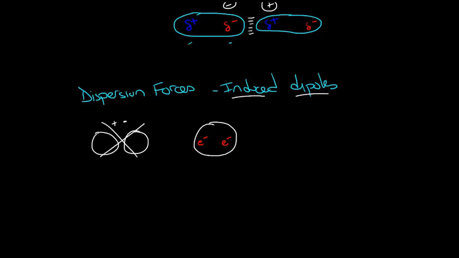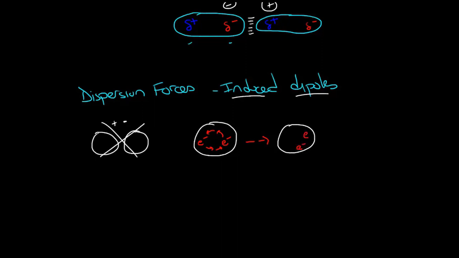But remember, electrons are not stationary. They're mobile objects that are always moving around. So let's imagine these electrons are both rotating in a counterclockwise fashion. It's possible to have an instantaneous dipole. What that means is that for a very, very short amount of time, maybe one of these electrons is moving a little bit quicker than the other one.